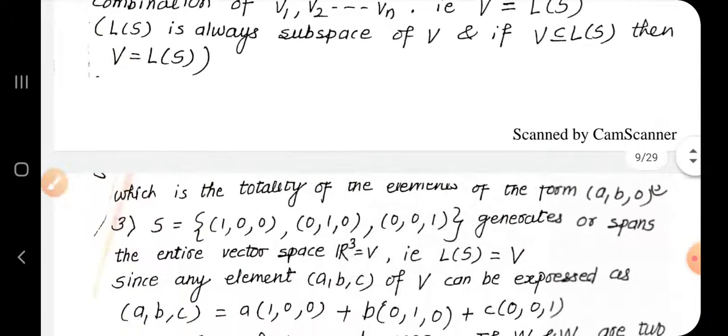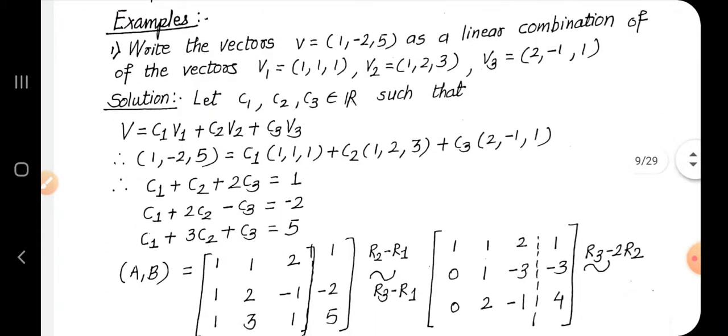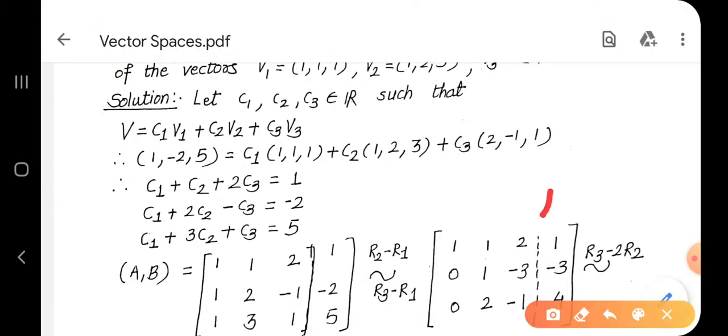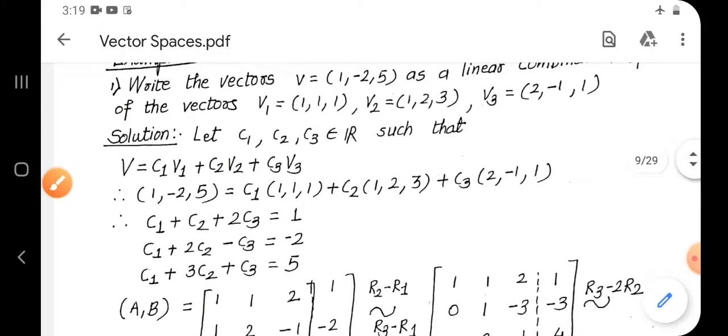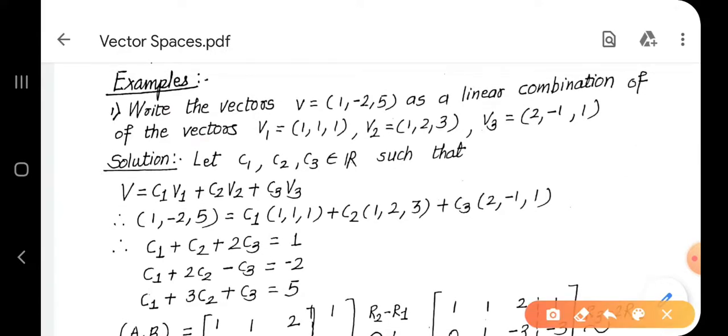Now we will just try one example and we will understand the concept. So here, write the vector v equal to 1, 2, minus 5 as a linear combination of the given vectors v1, v2, v3. v1 is 1, 1, 1, v2 is 1, 2, 3, v3 is 2, minus 1, 3.